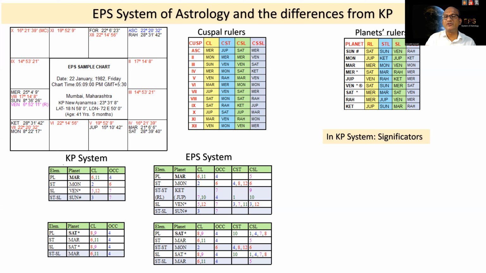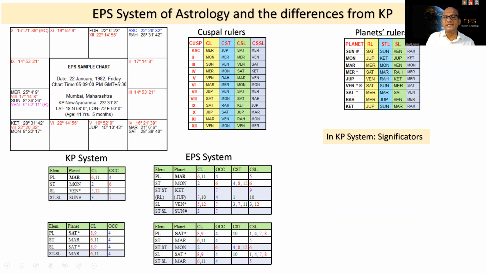You would feel that a planet cannot give marriage, but that would have given. You would have thought that this planet will give marriage, but that would not have given. Because the significations as per the fourfold or as per CLOCC alone, we will miss many houses that we are considering in the EPS system. I hope you have understood.